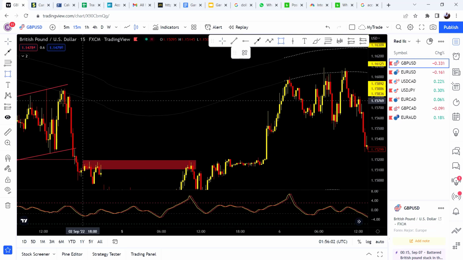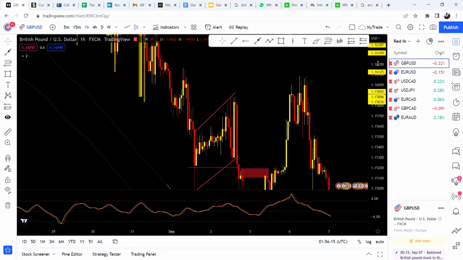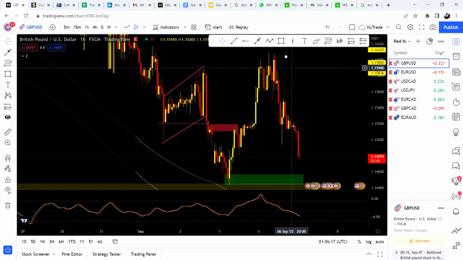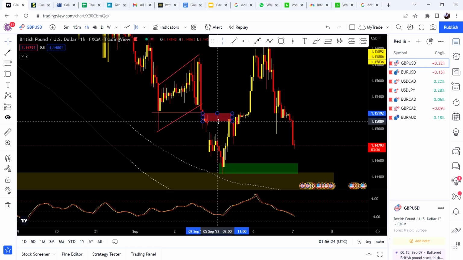And I also had this zone marked. Of course, from the 1 hour time frame, I marked those zones from the 1 hour time frame. So this one, look at how it was. This was the candle I used. This nice bullish candle over there.